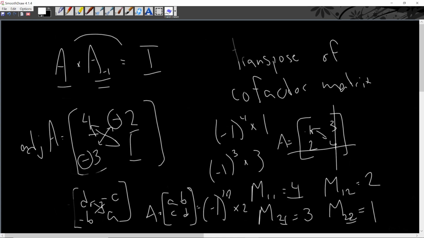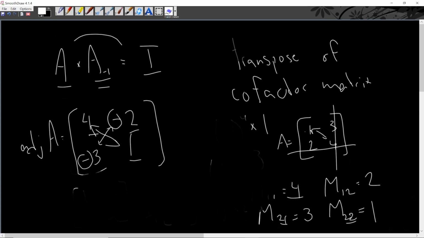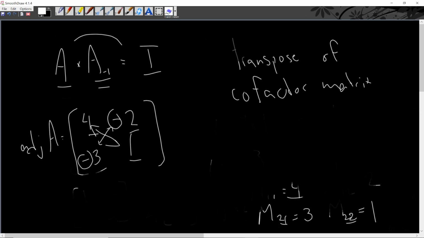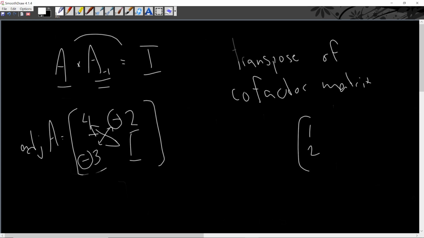Now we need to do the determinant of A, which we did talk about for quite a little bit. It's the area of the parallelogram that you create when you have two vectors. For this one, we have 1, 2, 3, 4. So AD is 1 times 4 minus BC, so 2 times 3.